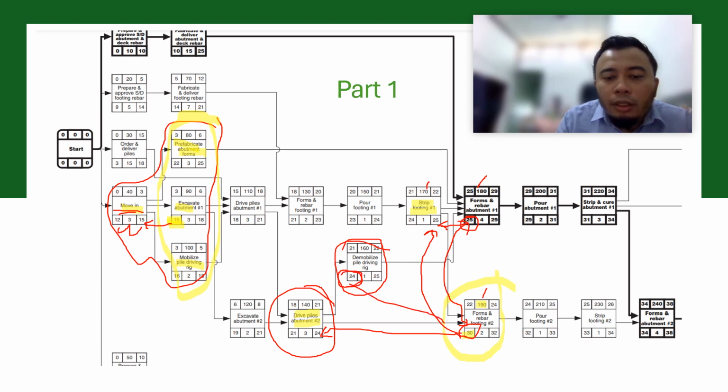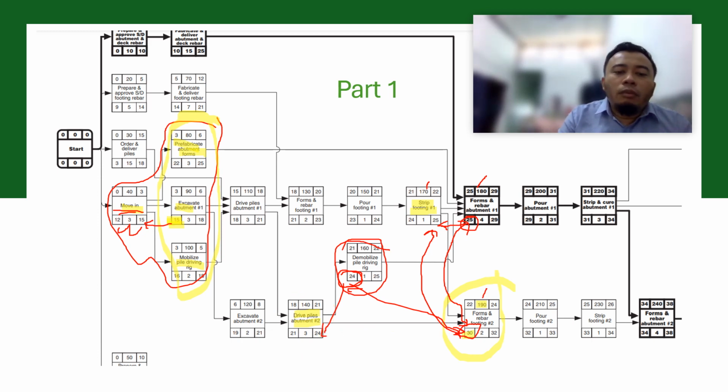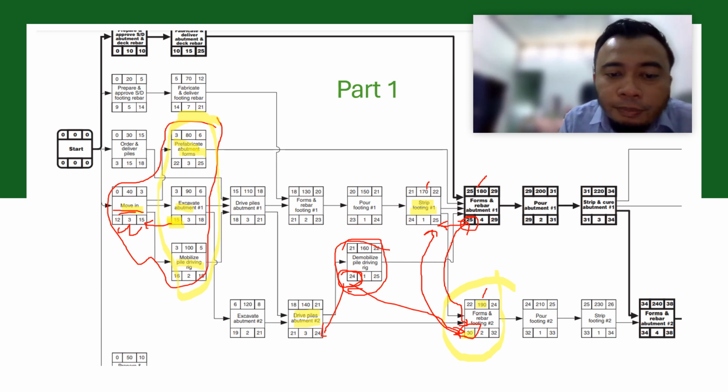By comparing these two, day 30 and day 24, day 24 is the smallest latest start. So it will become the late finish for activity 140, drive pile abutment.